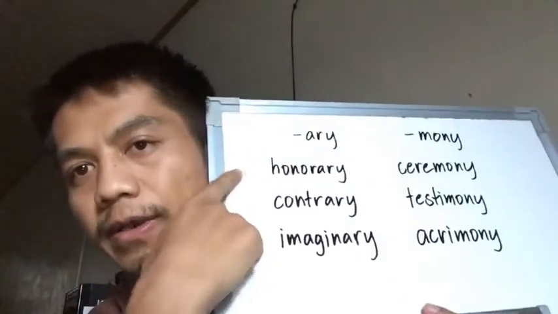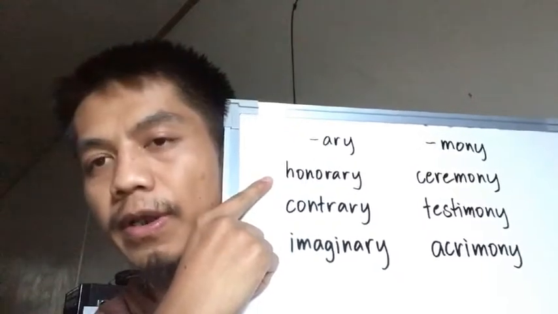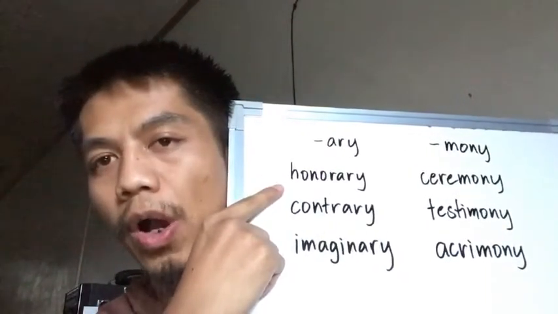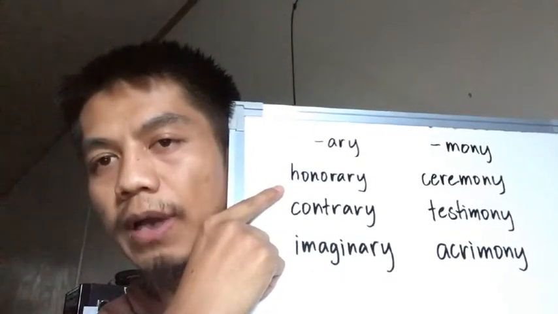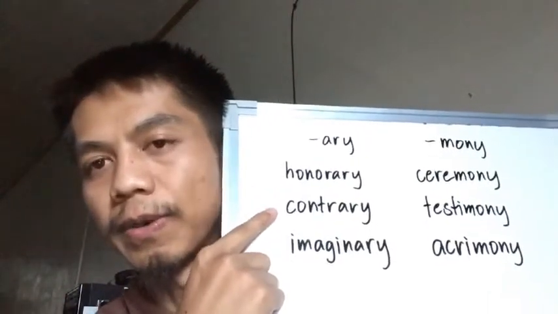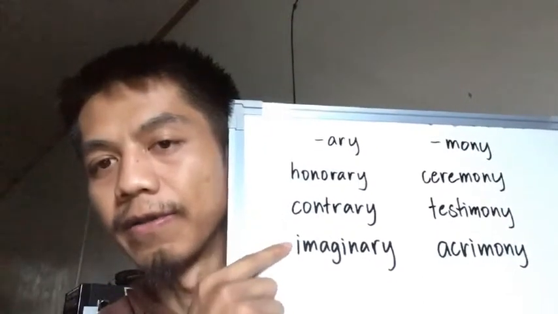Okay, so let's pronounce them again. Americans say honorary. British people say honorary. So honorary and honorary are not the same. It's the same for this one. Contrary and contrary are not the same.